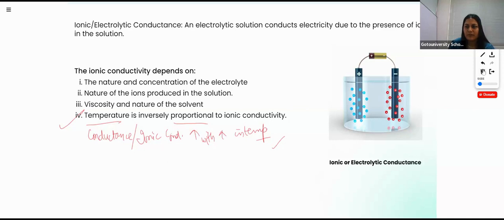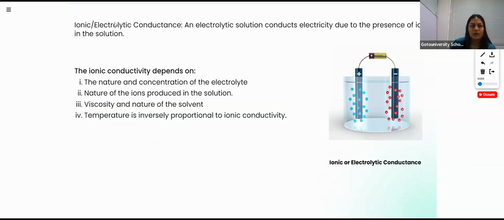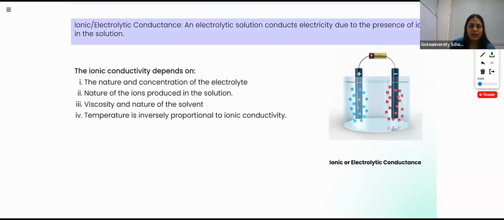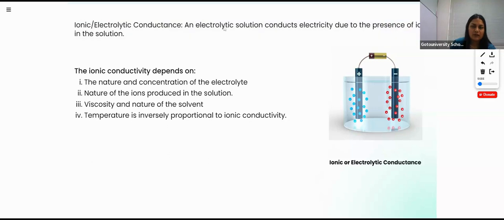So I hope these four factors are clear to you, how the electrical conductance depends on these factors. If you read here again, an electrolyte solution conducts electricity due to the presence of ions in solution.